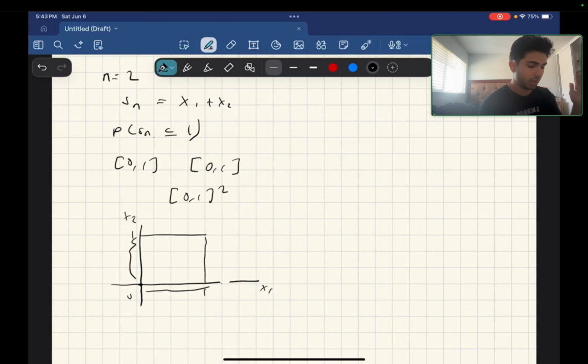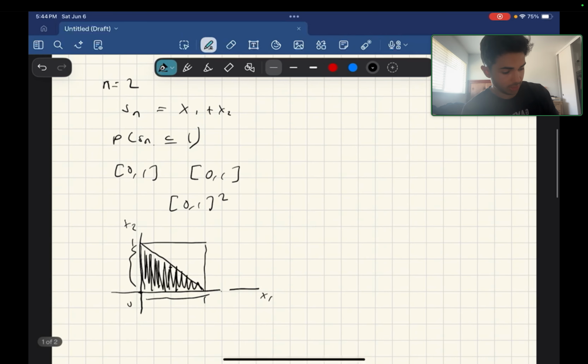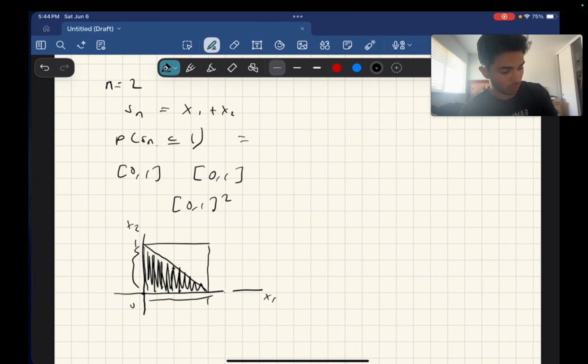Then x sub 2 can be between 0 and 1/2. And so you see it's half, like a triangle where half the values work. So the probability here is equal to 1/2.